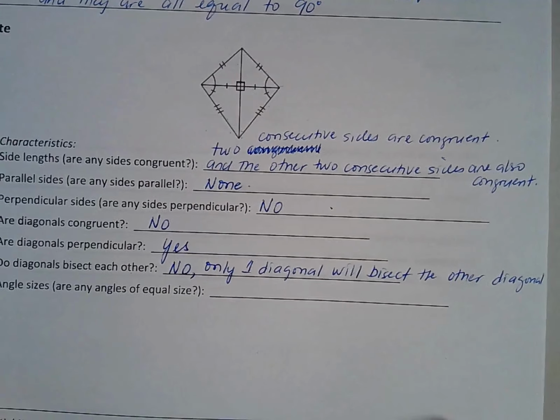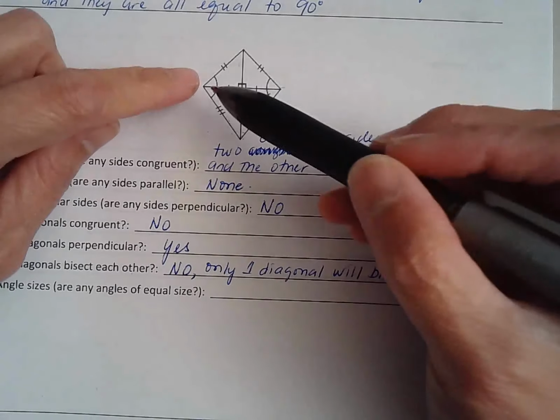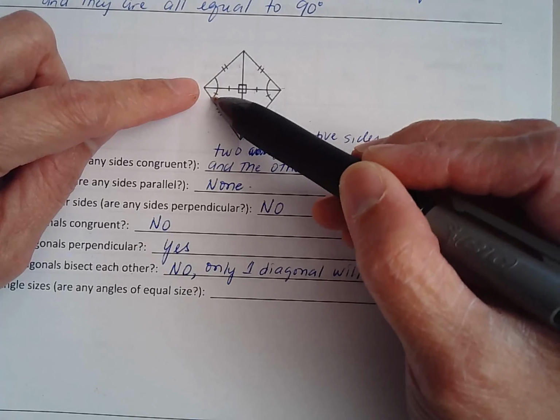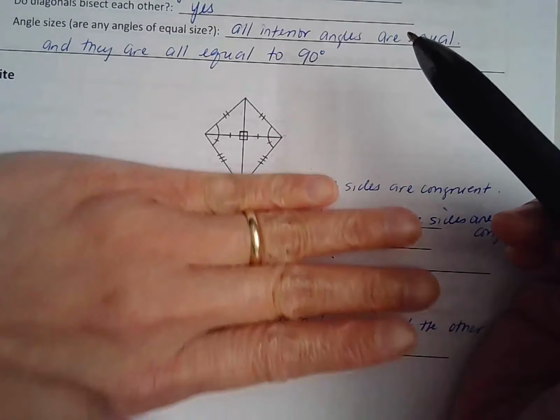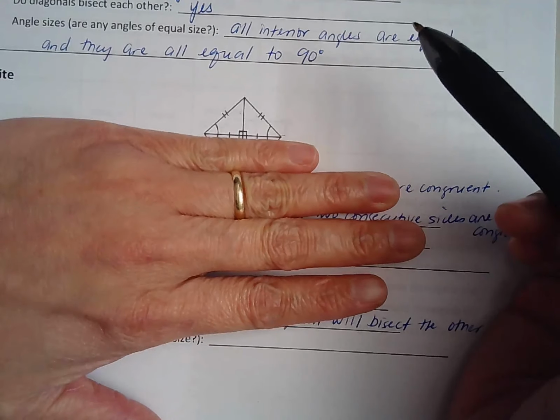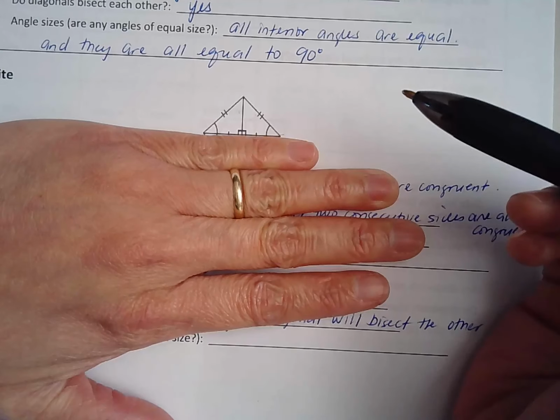Okay, here's the last one for that. Angle sizes. Are there any angles that are equal in size? Interior angles. So this one, if I cut this in this direction, what do you see there?